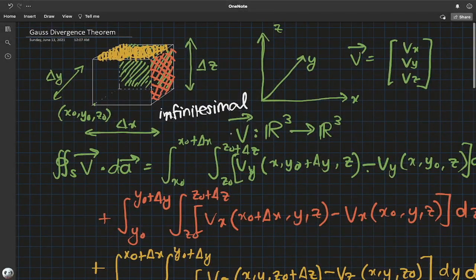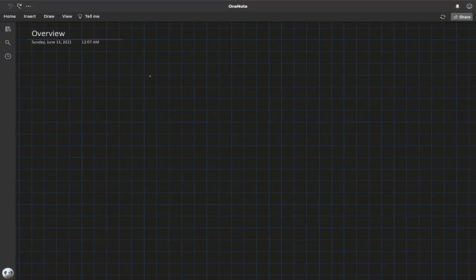Now let me give you a general overview of what is going on here with 2 dimensions, 3 dimensions, with Stokes theorem and Gauss's theorem. Okay, so let's say we had 2 dimensions first. 2 is the least number of dimensions to actually start thinking about multivariable calculus.